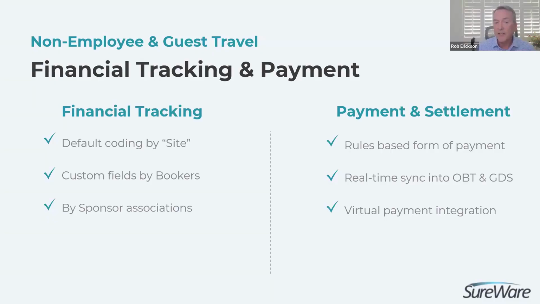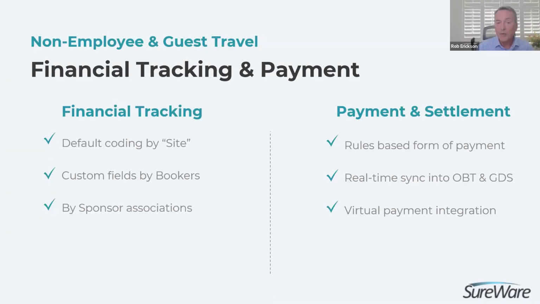And then linked to that financial tracking is every one of our steps can have rules-based payment instructions. What we learned over time, form of payment is one of the strongest enablers of good workflows. So we could define, it could be a central card for air, whatever the rules are for that particular setup, or it could be able to move into talking about virtual pays next.